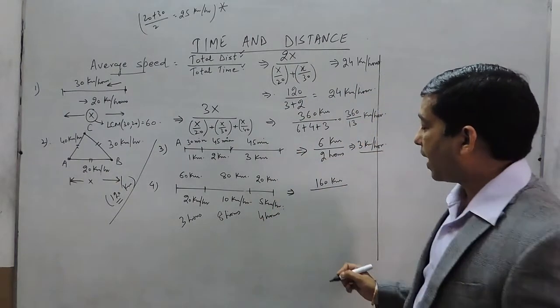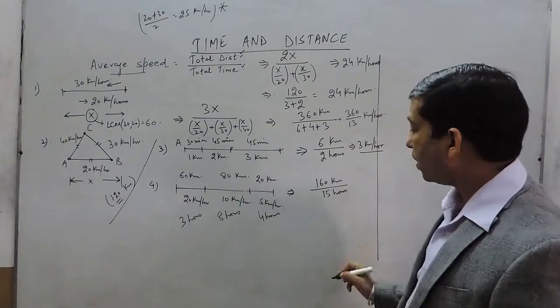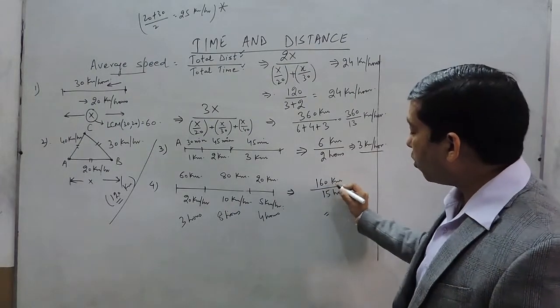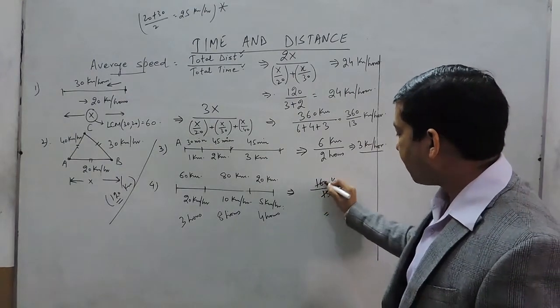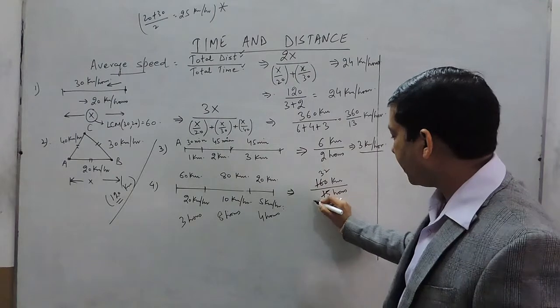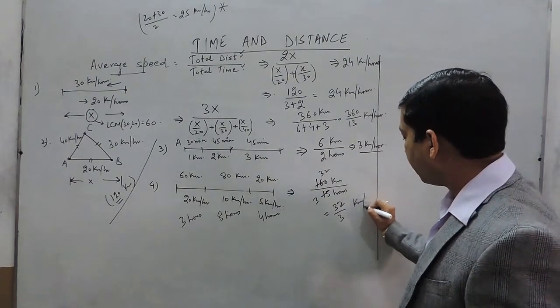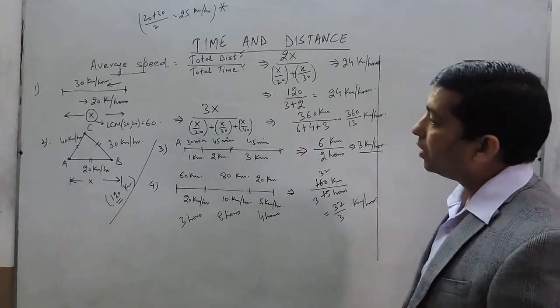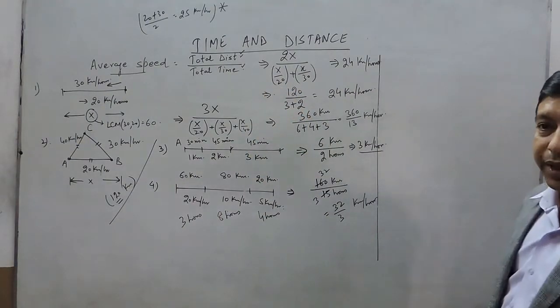So the total time is 15 hours. And 160 kilometers in 15 hours, we can cancel by 5. It comes out to be 32 upon 3 km per hour. Now these are the different types of questions we can see in average speed.